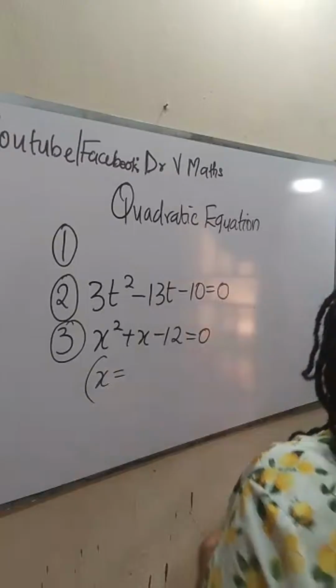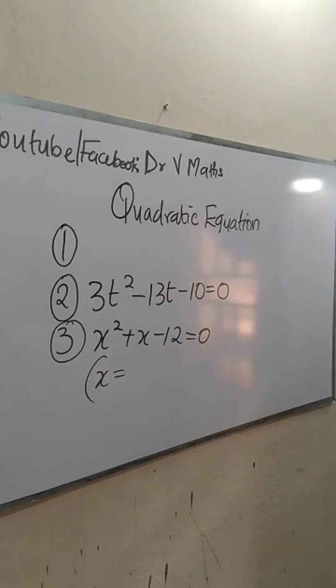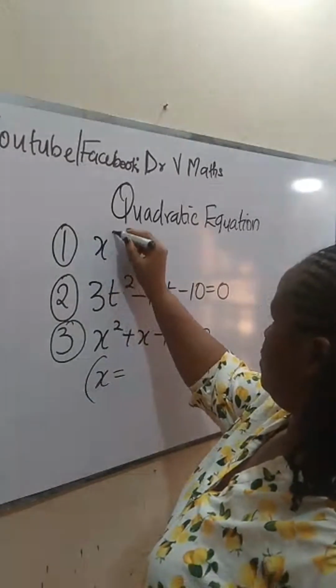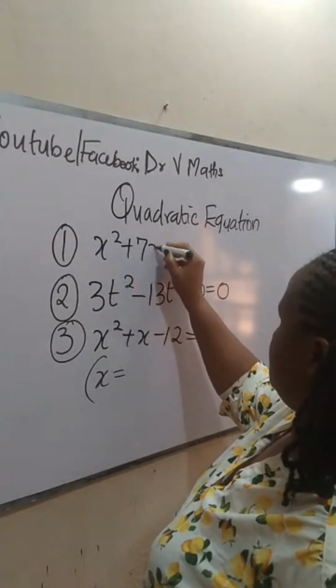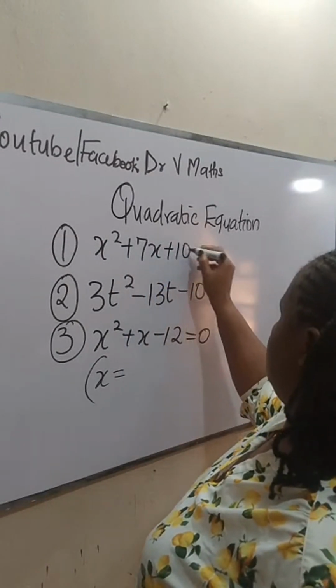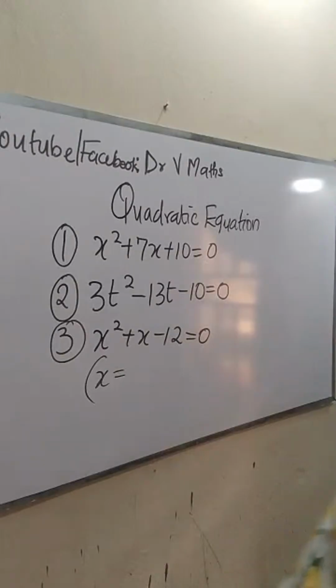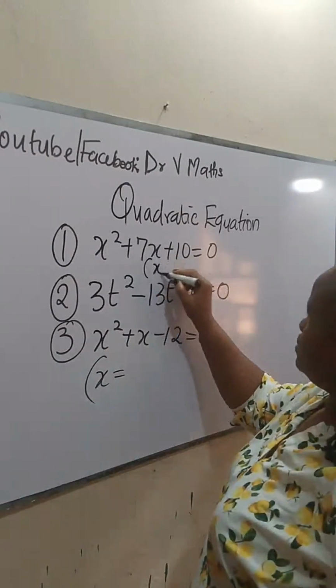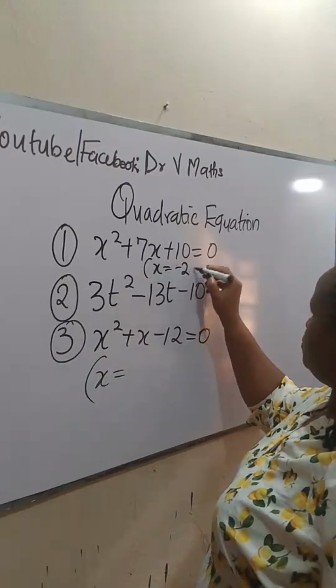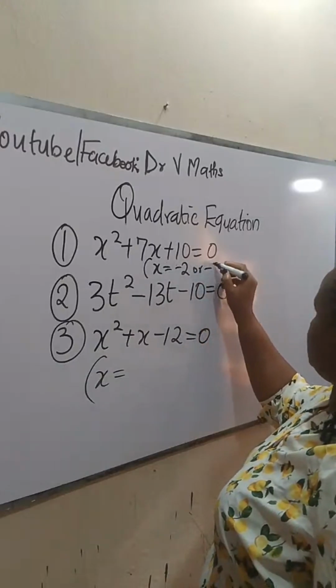And the first question we solved is x squared plus 7x plus 10 equal to 0. So here, x is equal to -2 or -5.